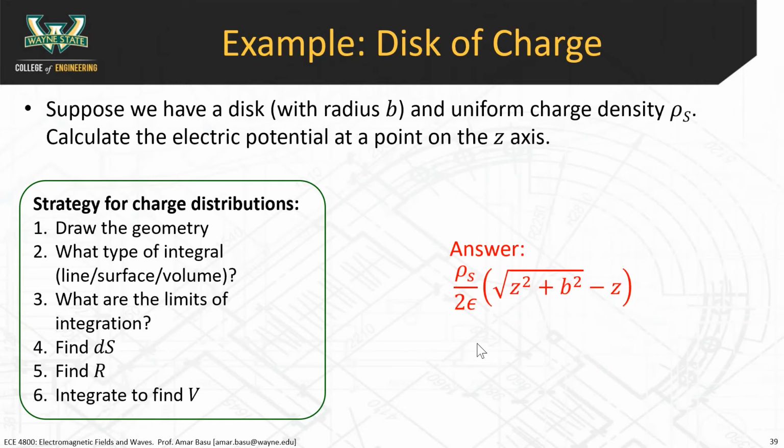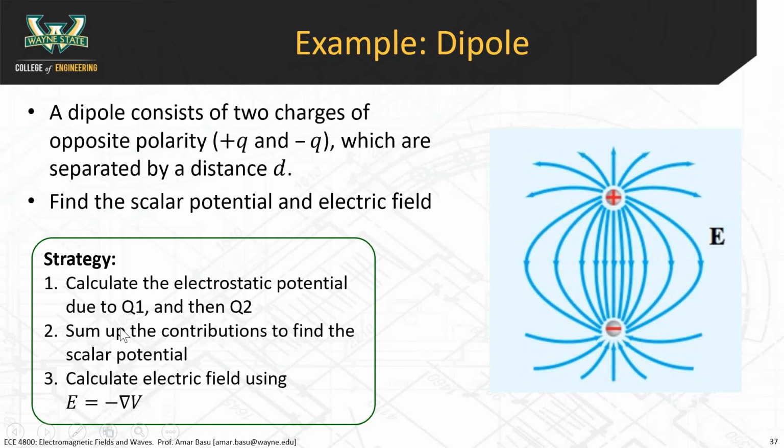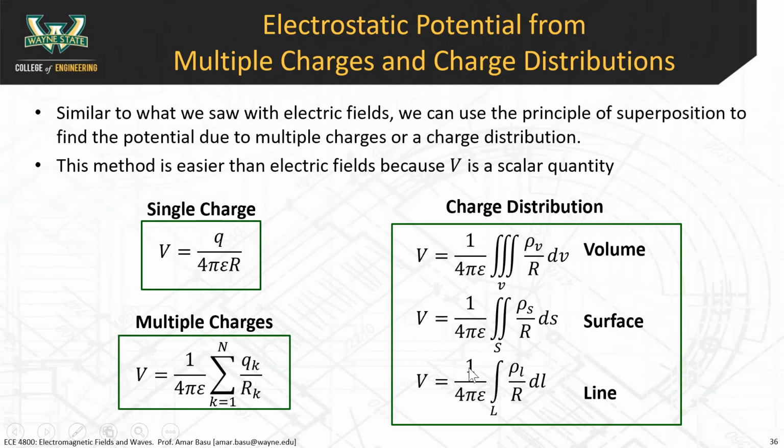Okay, so the strategy for solving this problem is going to be first to draw the geometry. We always start our problems with that. The second step is going to be to determine what type of integral we have, a line or surface or volume. And then we figure out the limits of integration. And then, if we look at these equations here, in these equations, there's dV, ds, and dl.